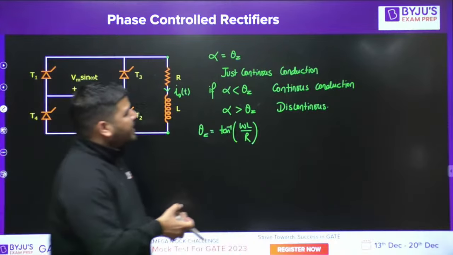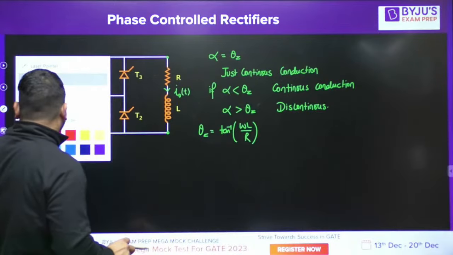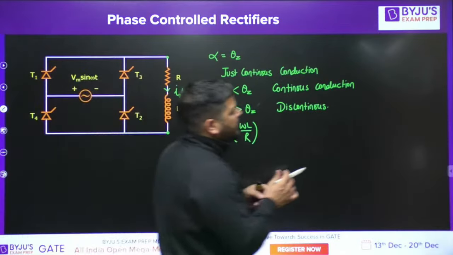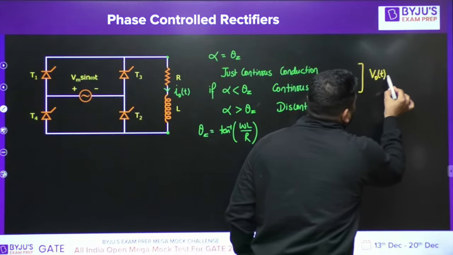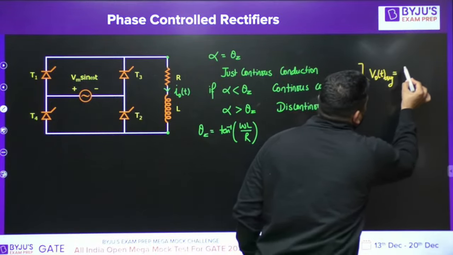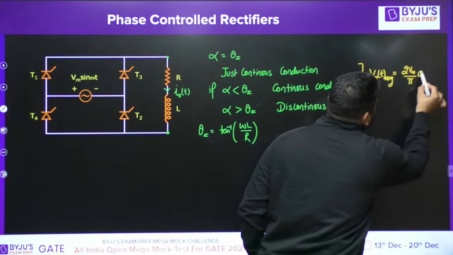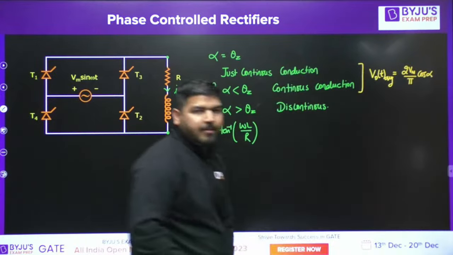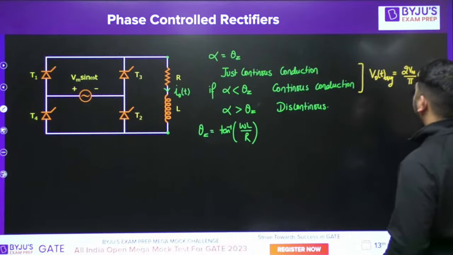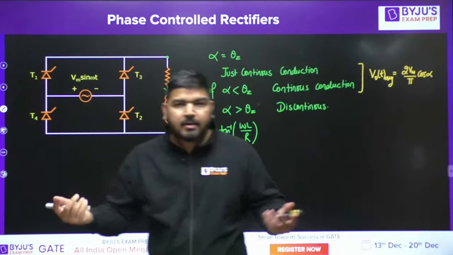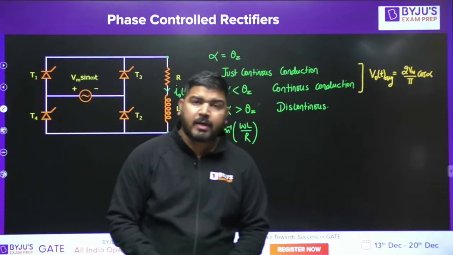Now, let's say the conduction is just continuous or continuous. In just continuous or continuous conduction, if you look at the average output voltage, V0(t) average, that will be equal to 2 Vm by pi cos alpha. This formula is applicable because whenever the conduction is continuous, in single phase, this will be the average output voltage. Just remember it. If you don't remember it, you have to draw the wave shape and then calculate the average value.